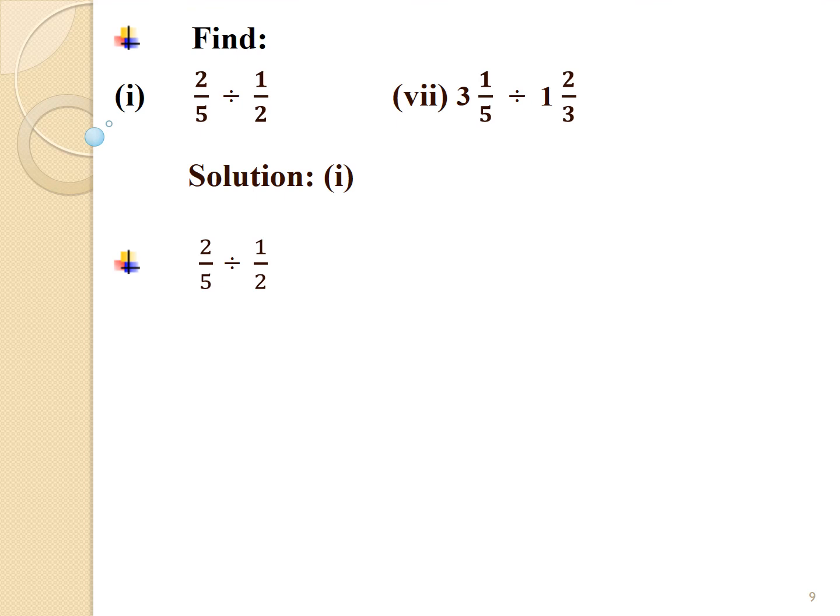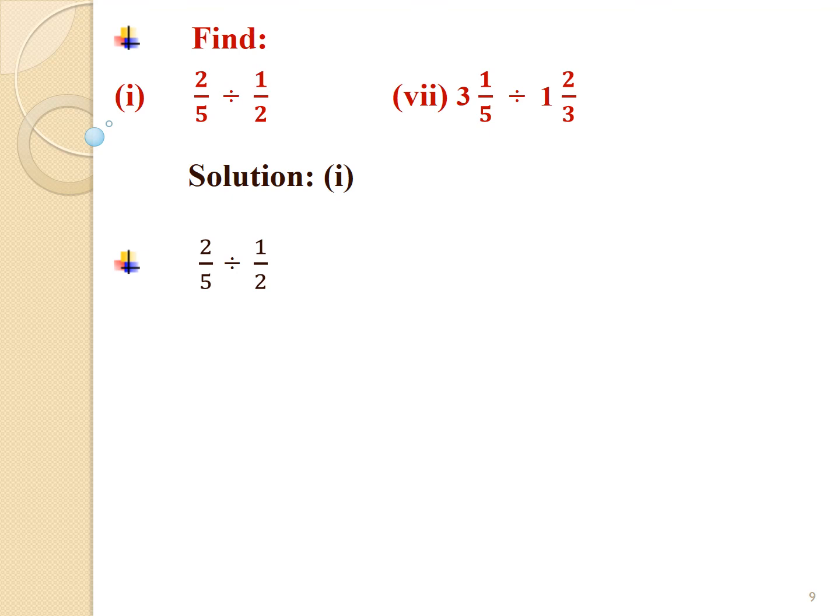Now, let us solve question number 4. Find. Students, in this question, we have to divide a fraction by a fraction. In order to divide a fraction by a fraction, we have to multiply the first fraction, that is dividend, by the reciprocal of the second fraction, that is divisor. So, let us solve question number 4.